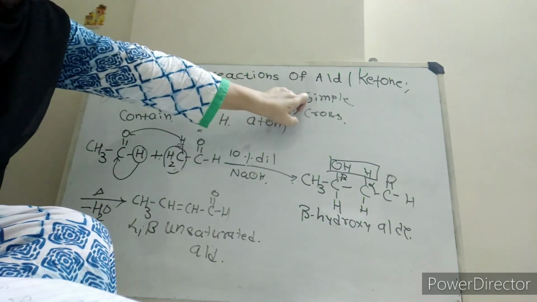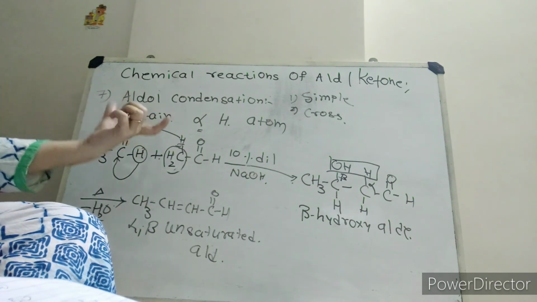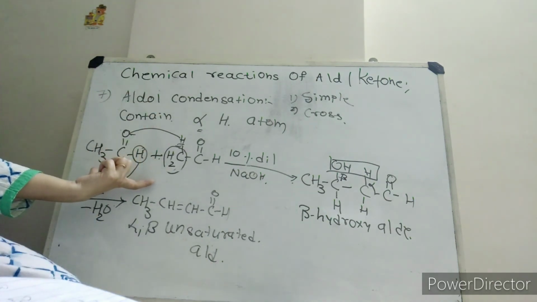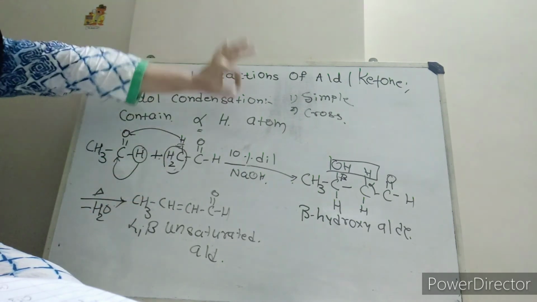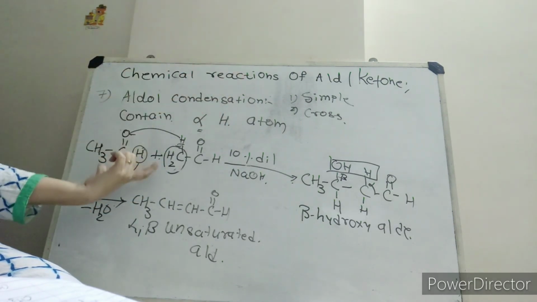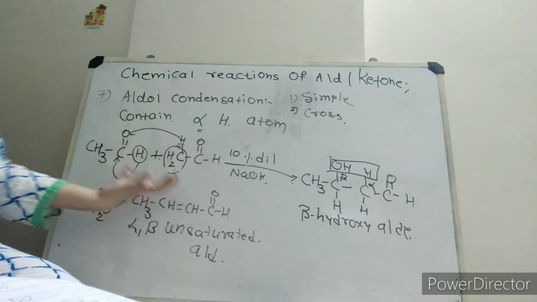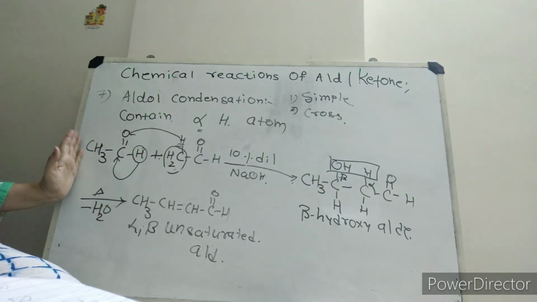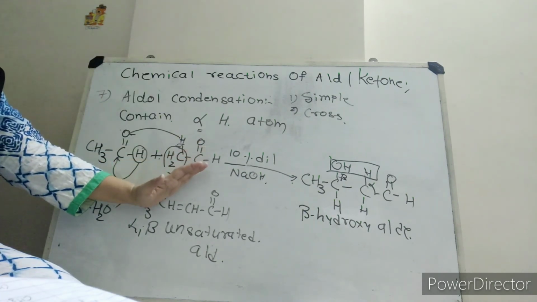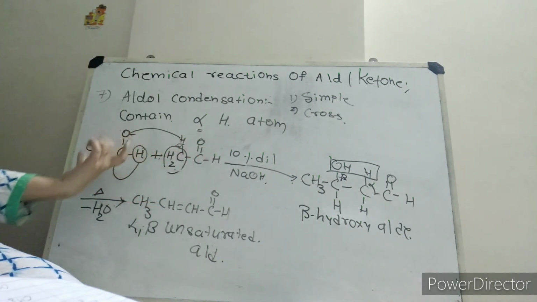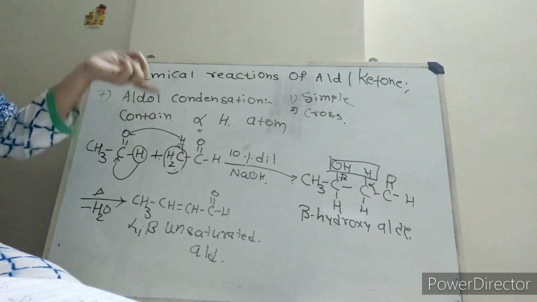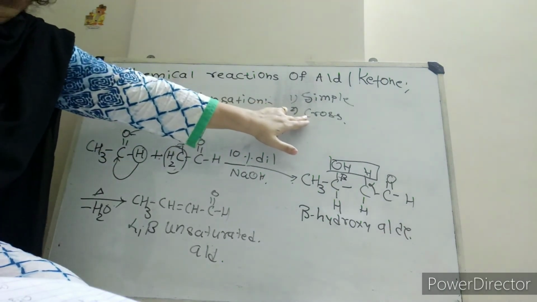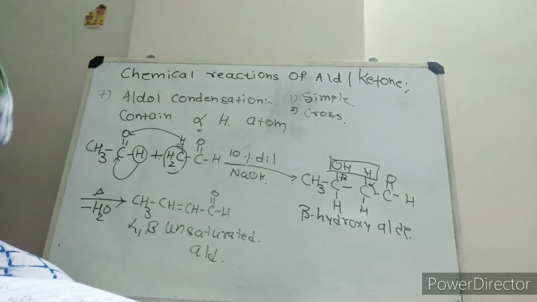In simple aldol condensation, the two molecules are the same. But if we take a different example, suppose on one side acetaldehyde and on the other side propionaldehyde, if two different aldehydes undergo aldol condensation, then that type is known as crossed aldol condensation.